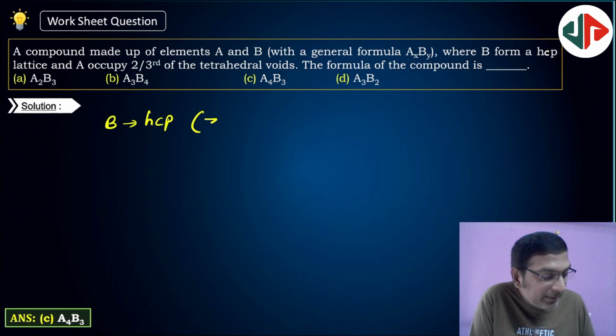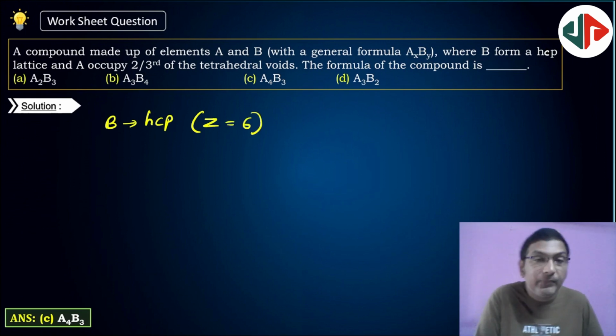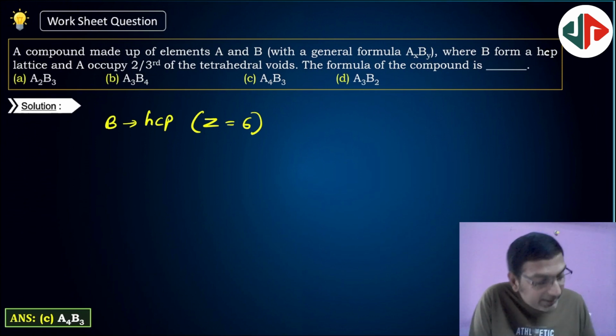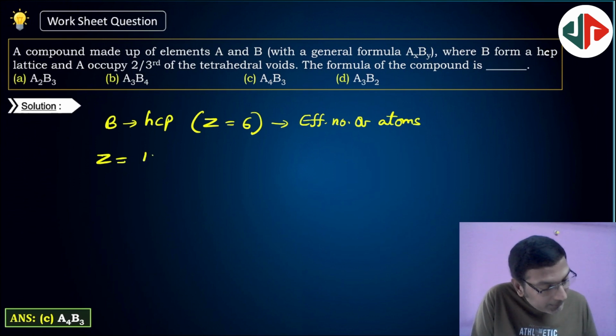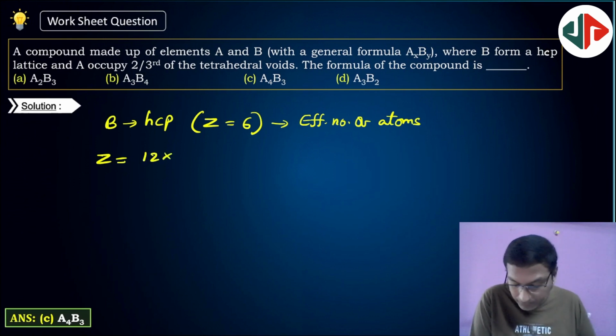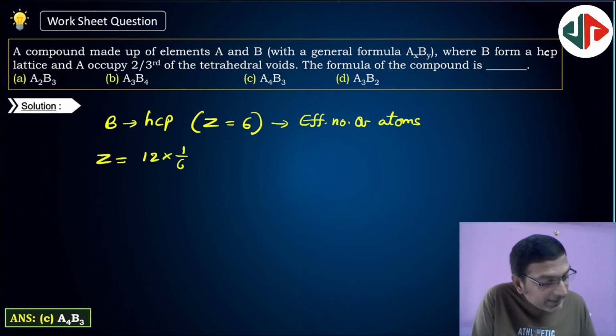For HCP, the effective number of atoms is 6. So how to calculate the effective number for HCP lattice? 12 atoms into 1 by 6 contribution.